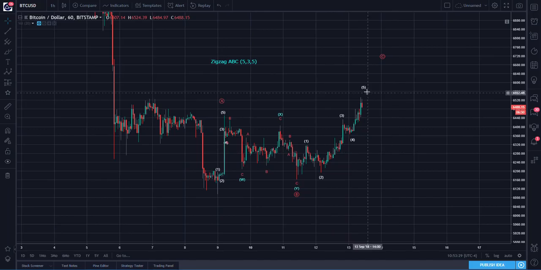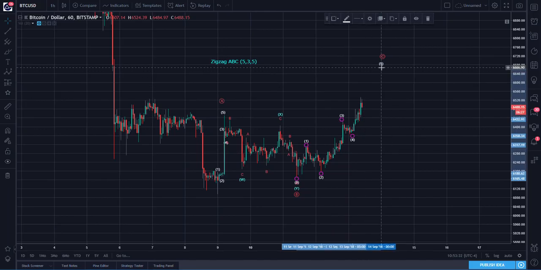Okay. The second scenario will be that C will go up to here. According to the inverted head and shoulders, we're still working on the 3, 4, and 5.